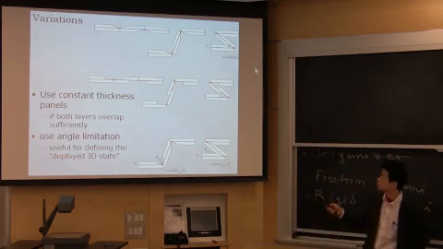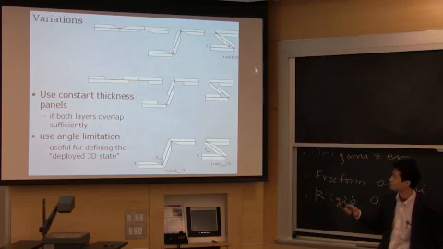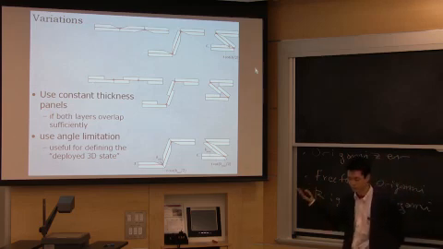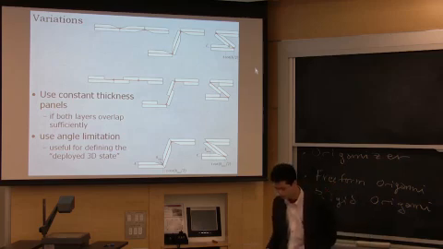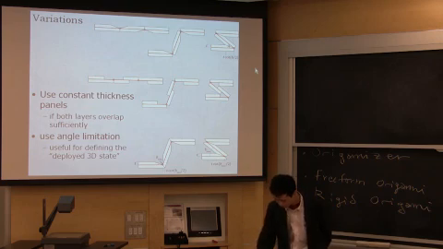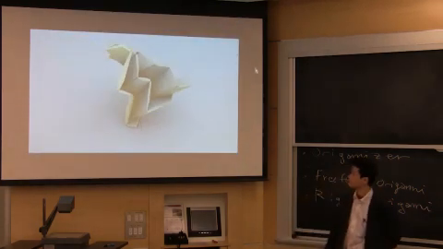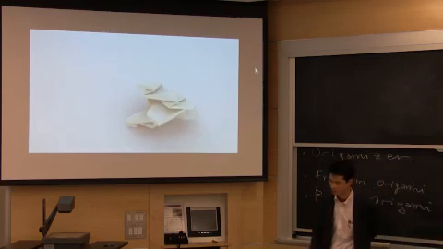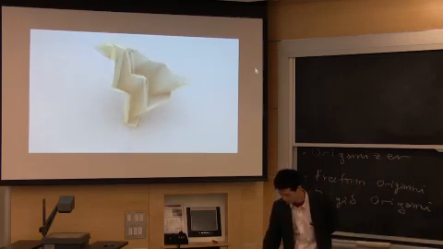And this can also be applied to constant thickness panels, which are easier to manufacture with only a 3-axis milling machine. Anyway, this is a thick panel, thick rigid origami using this method.